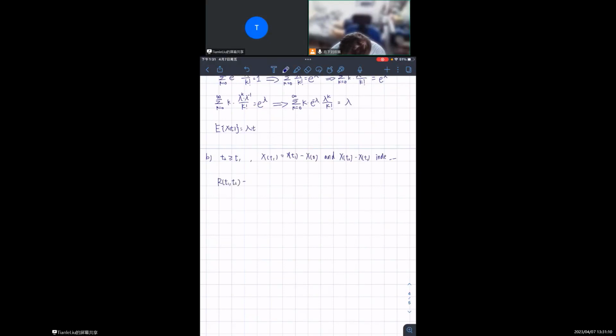So for R(t1, t2), we will have the expected value of x_t1 multiplied by x_t2. We need to modify the x_t2 part to write it as x_t2 minus x_t1 plus x_t1.